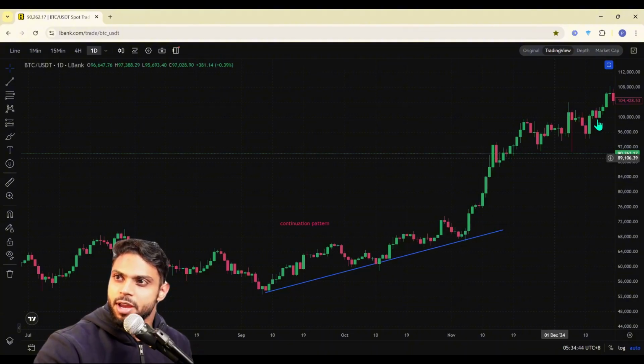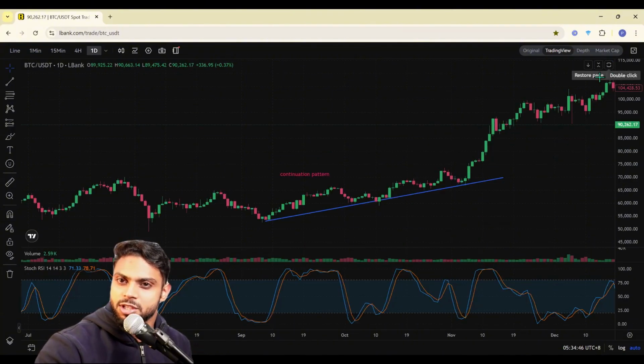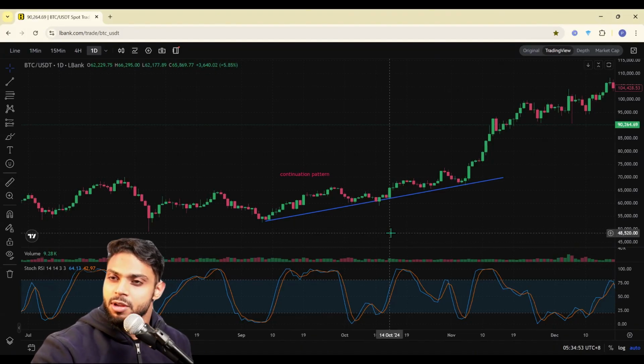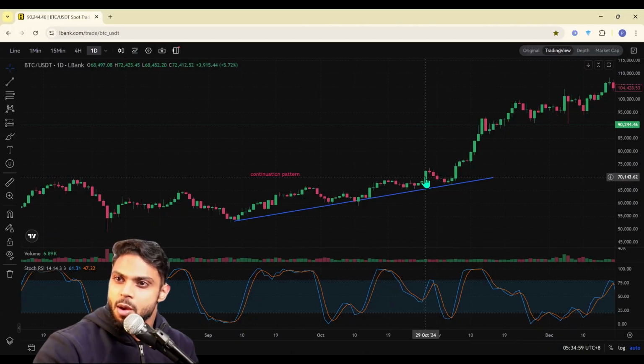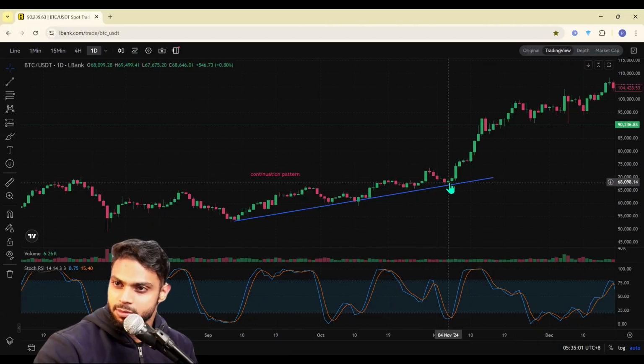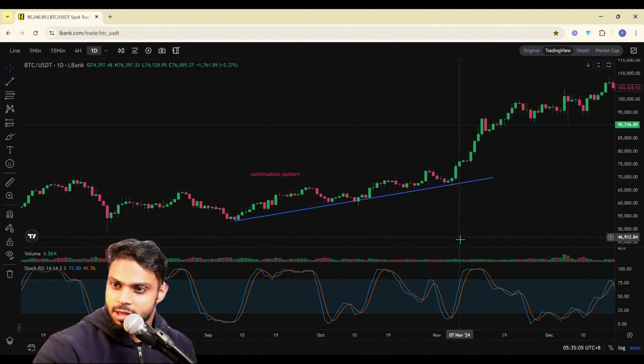Now, to confirm the trade, we have to use something called stochastic RSI, which you can access from the indicator section. So once you have this stochastic RSI on your screen, whenever the price touches the trend line, you have to see the RSI.